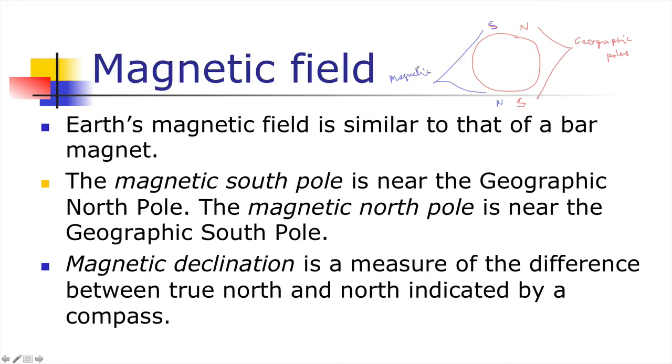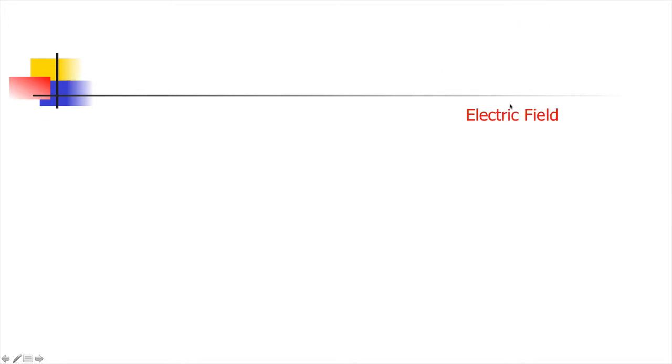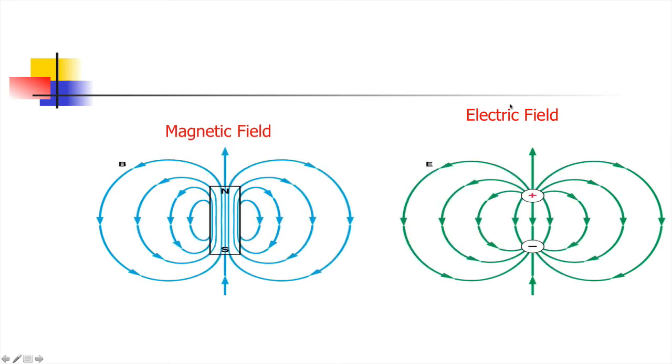Okay, so the magnetic pole of the Earth is different from the geographic pole. So the south magnetic pole of the Earth is nearer to the north geographic pole, and likewise the north magnetic pole of the Earth is closer to the geographic south pole.